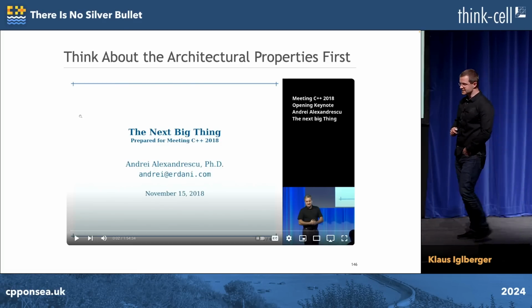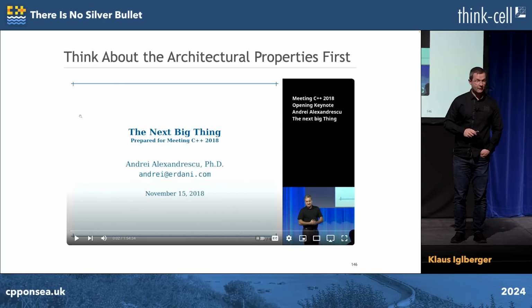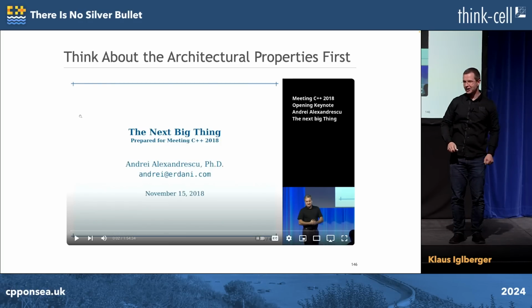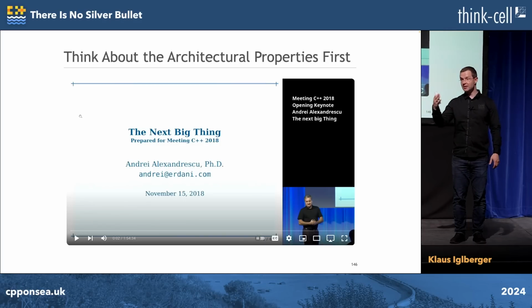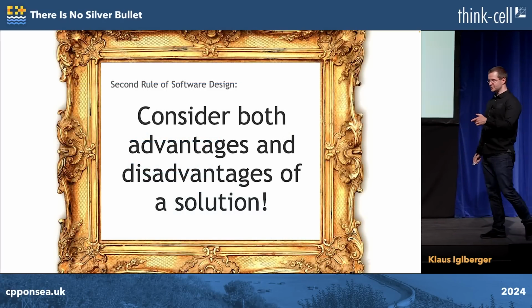I expect that once this hits us, potentially in 26, everybody's like, whoa, let's use reflection everywhere. No, please don't. First, think about the architectural properties and advise people when it is appropriate and when it is not.